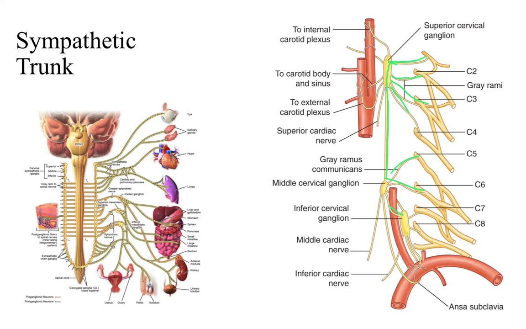And they're going to make up nerves that affect blood vessels within the neck region, such as the carotid arteries here. Remember, the carotid sinus is right here, so it's going to make up part of the reflex system that's involved in maintaining blood pressure and blood pH. Also notice that it has branches that go to the heart, the middle cardiac nerve, inferior cardiac nerve. So the sympathetic nervous system is plugged into the heart through the sympathetic trunk within the cervical region.